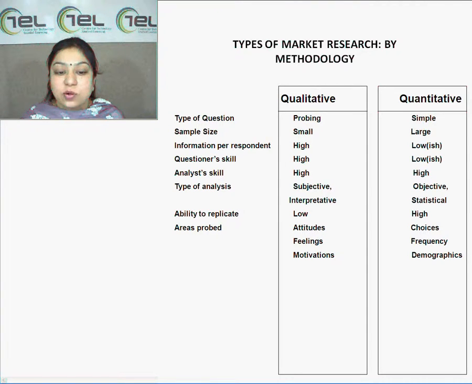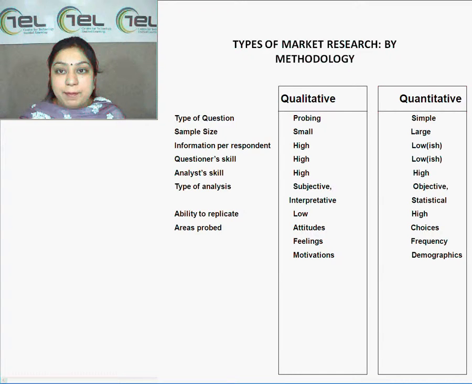The first is the type of question. Under the qualitative type, it is more of probing. You have to probe again and again while asking the respondent, and stop them in between to seek answers. Quantitative is very simple: either yes, no, 1, 2, and then you gather the answers.